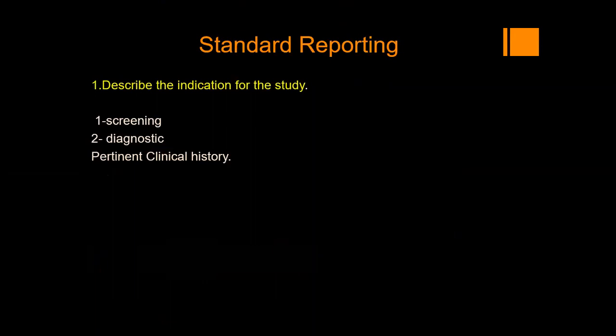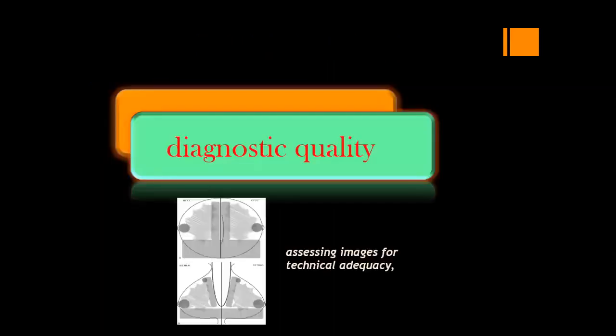We said we have to describe the indications, if it is screening or diagnostic, and if it is diagnostic, for the following screening, or there is a clinical abnormality, or follow-up of a probably benign lesion, and if there is a clinical history, you have to briefly put it in the report first.